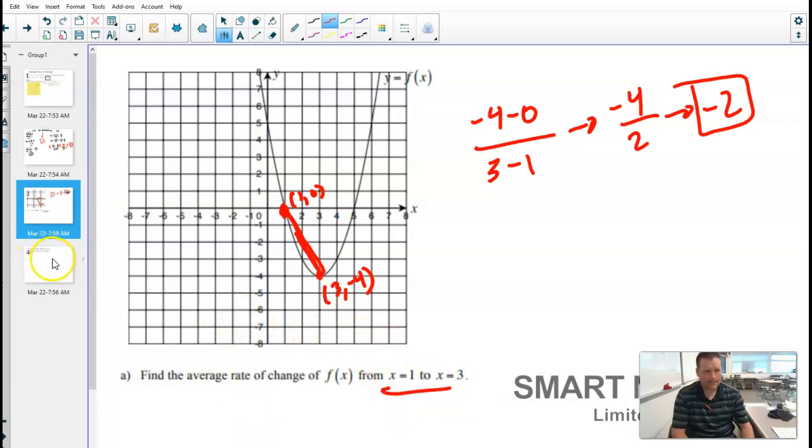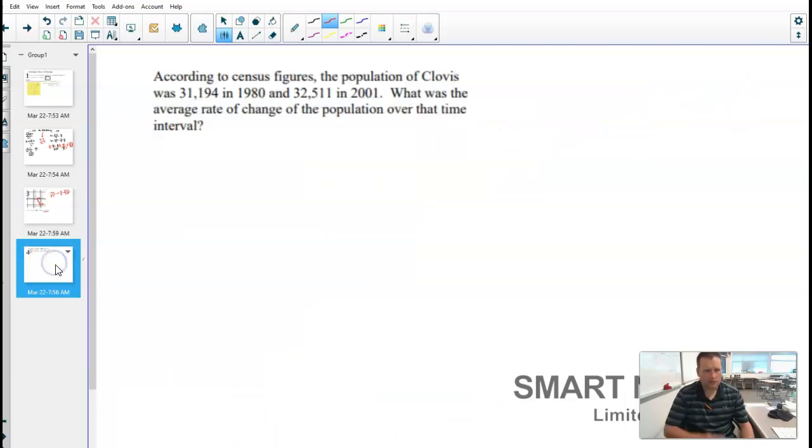Okay? And then last thing, story problems here. And this is, again, you'll always need a y2, a y1, an x2, and an x1. We just got to find those points. So here we've got, according to a census, the population of Clovis was 31,194 in 1980, and then 32,511 in 2001.